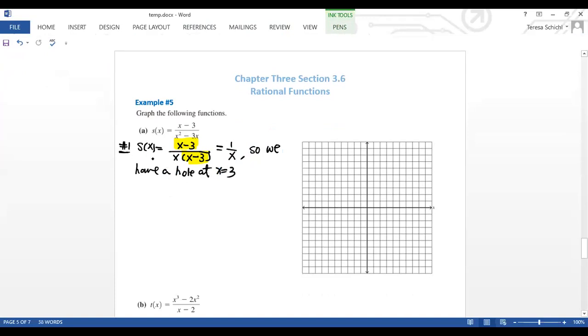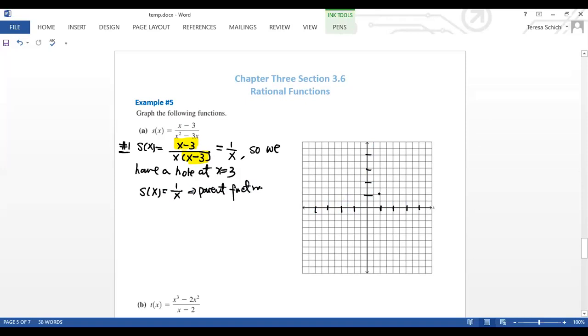Okay, so now let's take a look. So this one is 1 over x, right? Let's try to graph it here. This is 1, 2, 3, 4. So we know this is a parent function, so I know what the basic shape looks like.